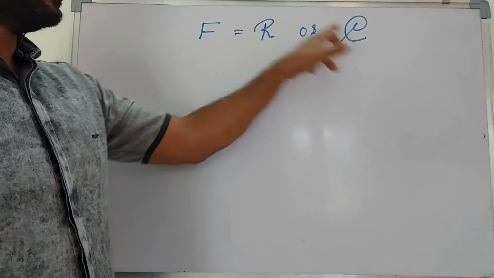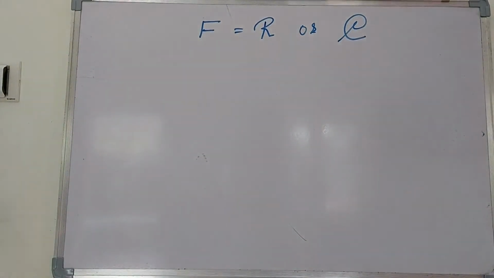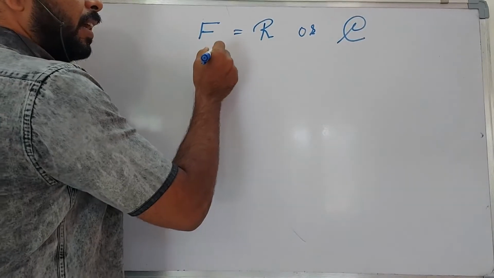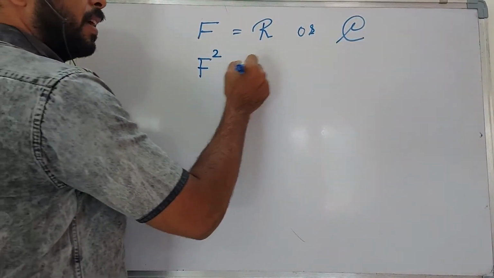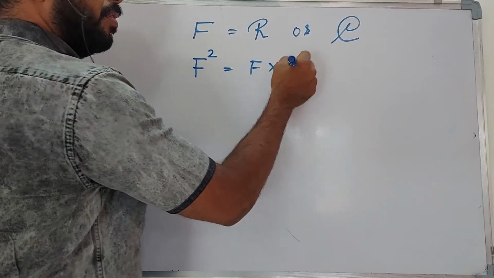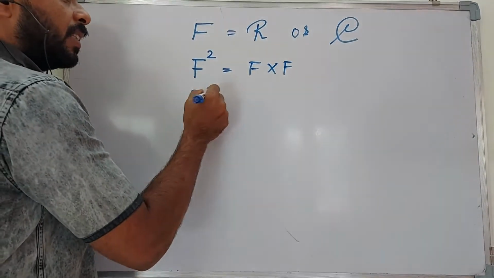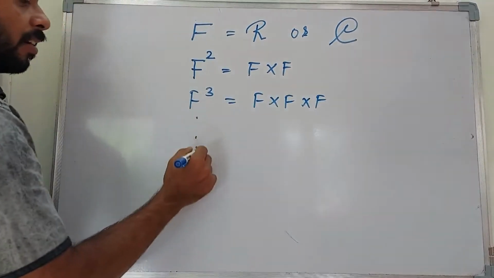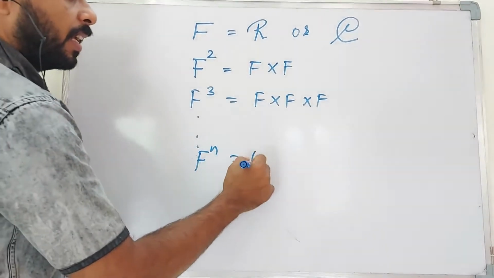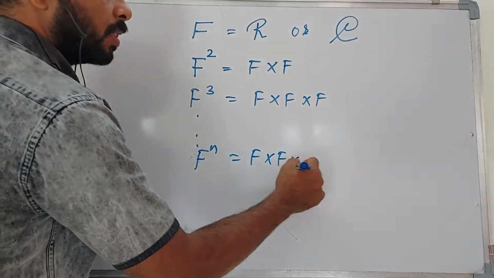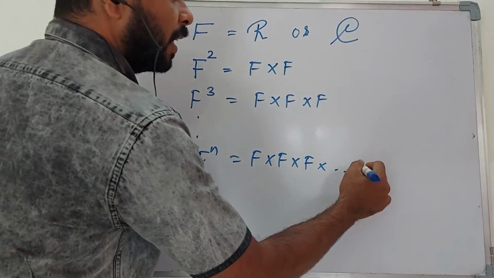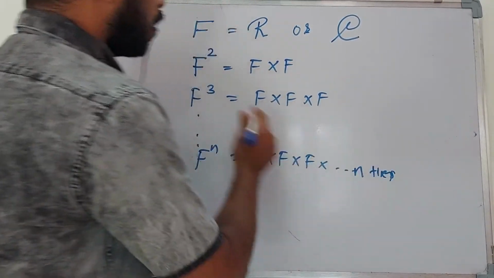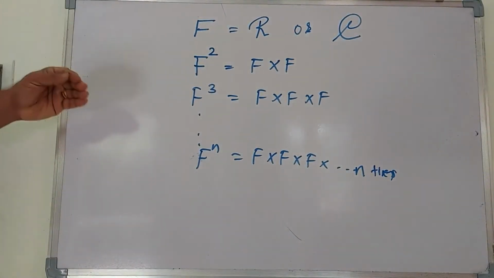If F equals C, it is called a complex field. We define F2 as F cross F, F3 as F cross F cross F, etc., Fn as F cross F, etc., n times.